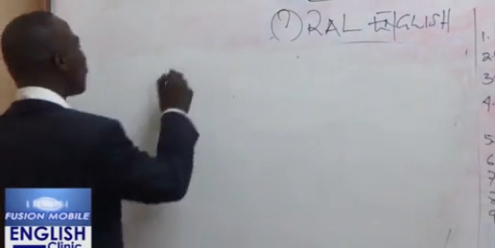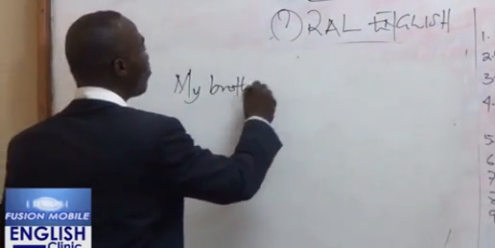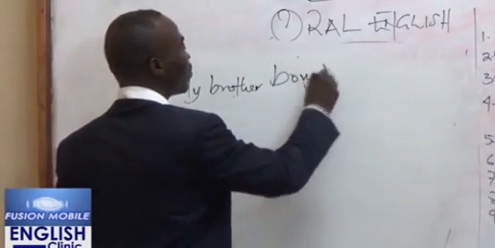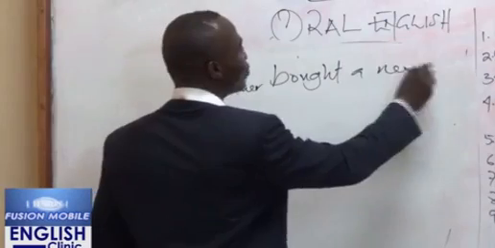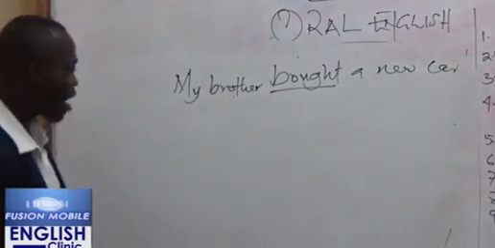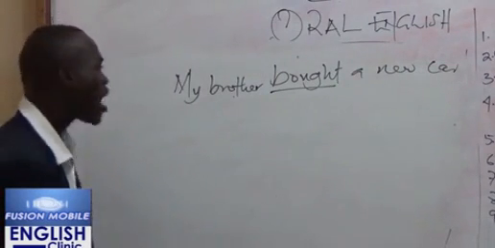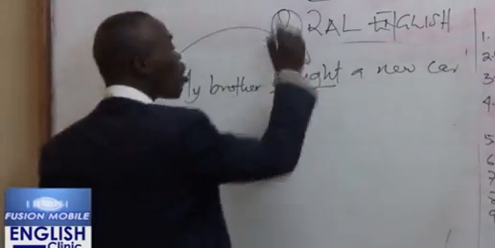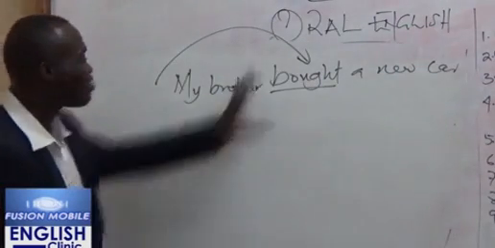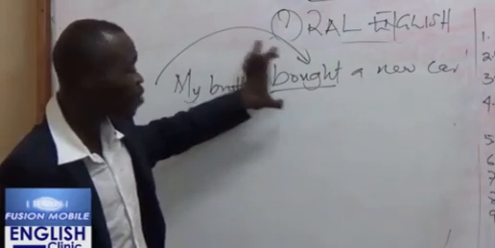If I say, my brother bought a new car. My brother bought a new car. In other words, my emphasis is on bought. This is the part of the sentence that I want to focus on.